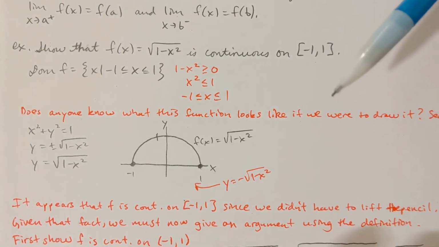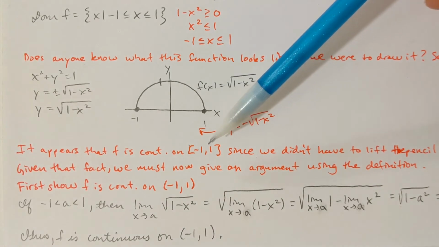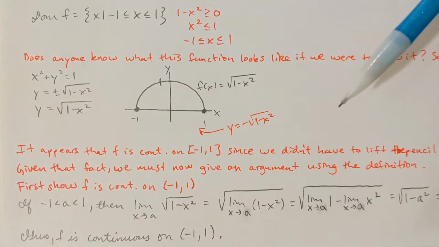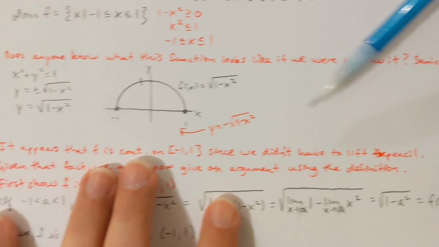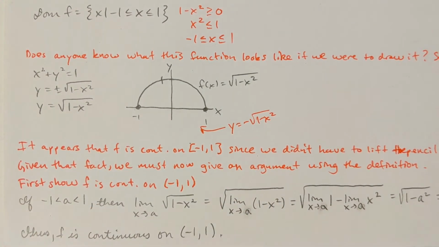Okay. Now, when I draw this, it appears that f is continuous on the interval -1 to 1, since we didn't have to lift the pencil from the paper. Now, that's not really a mathematical argument. Okay, you can't really reason with somebody by saying, well, I drew the picture and I didn't lift my pencil from the paper. That's not really a convincing argument to somebody.